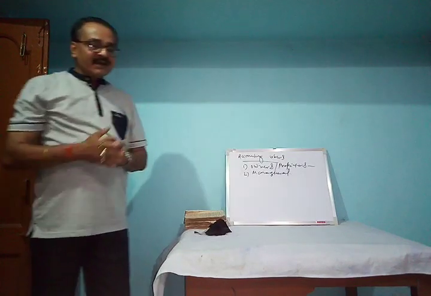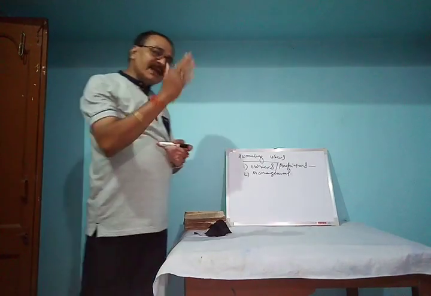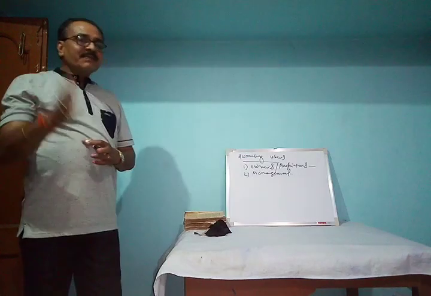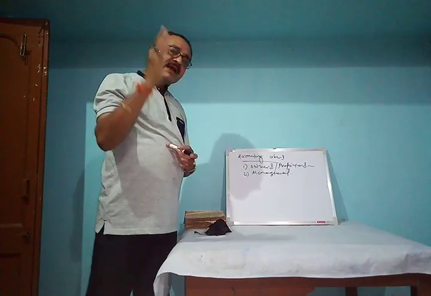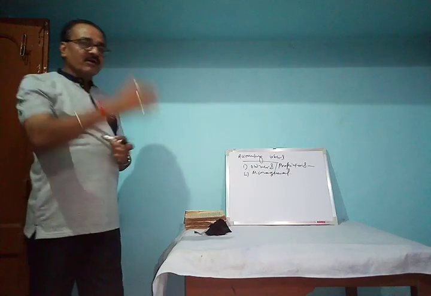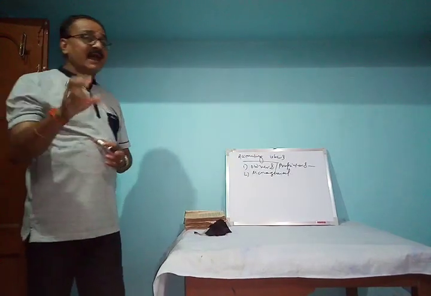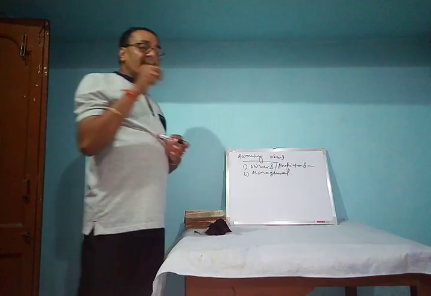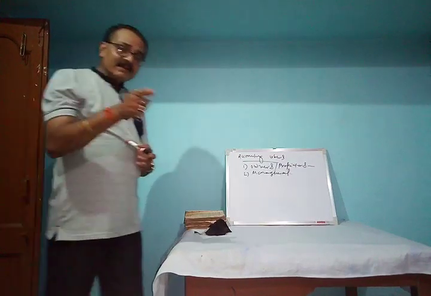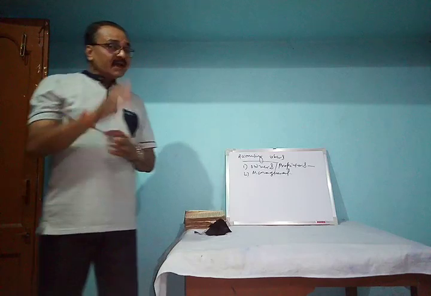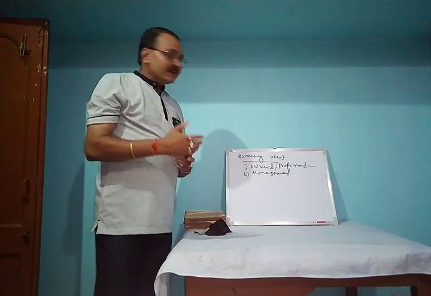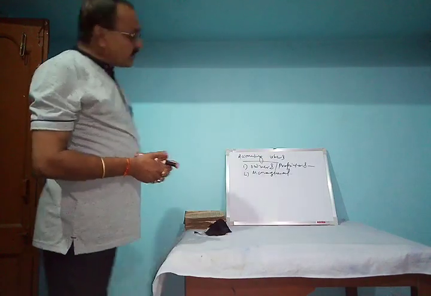Management is something different, and they have been entrusted to look after the day-to-day affairs of the organization. Not necessarily are they the owners. Sometimes, if their stakeholding position is like that, they may be the owners of the business, but we cannot say that the management is always the owners of the business.